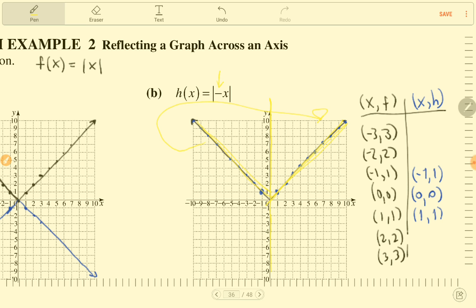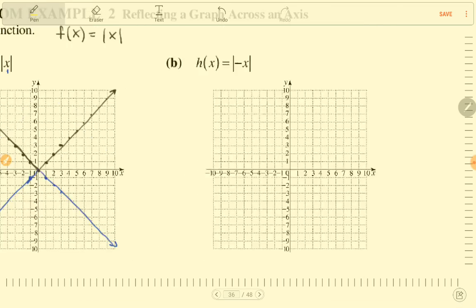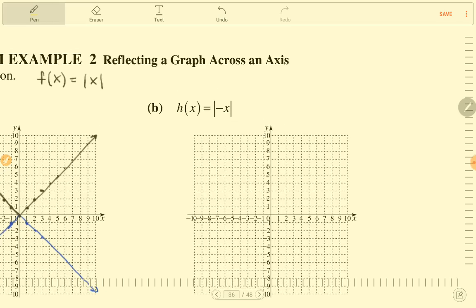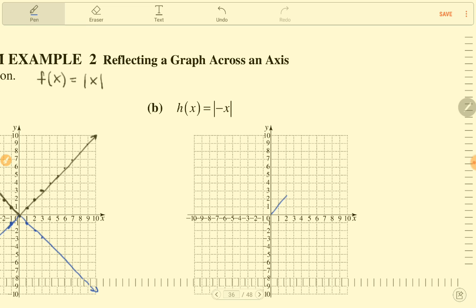So this is a horizontal reflection, and that's what happens when you have an original parent function that was already symmetric. So I guess just to leave it as the original. Okay, so that's that one.